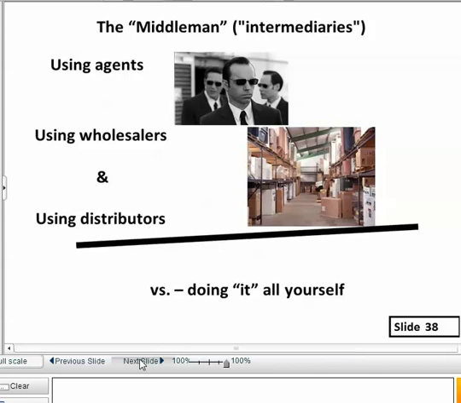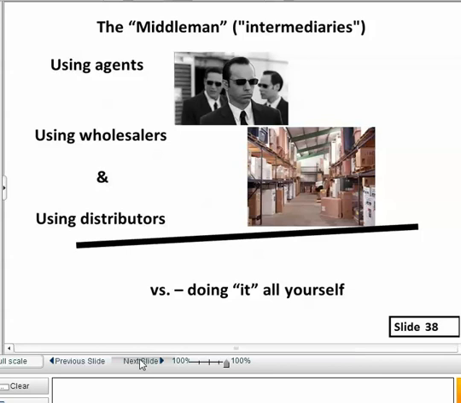Now, you can use those outside organizations, or you can try to do it all yourself. If you're going to do it all yourself, now you've got to have the warehouse space, you've got to have the vehicles to transport the product, or you have to contract with for-hire carriers, truck companies, to move your product. You've got to provide the reps in each area.